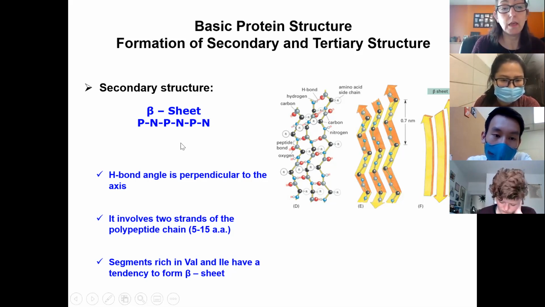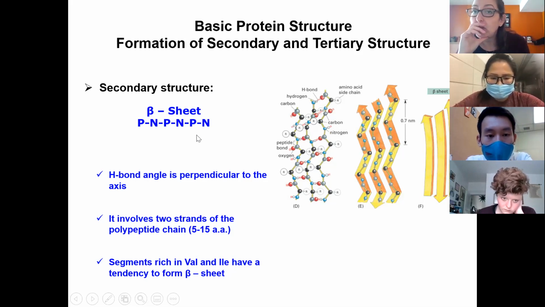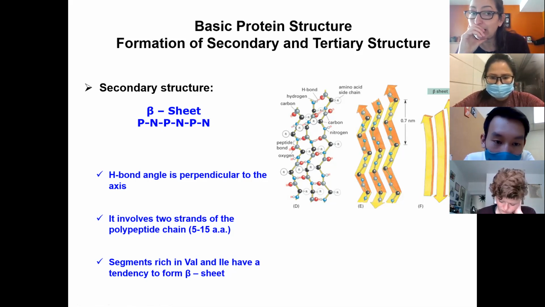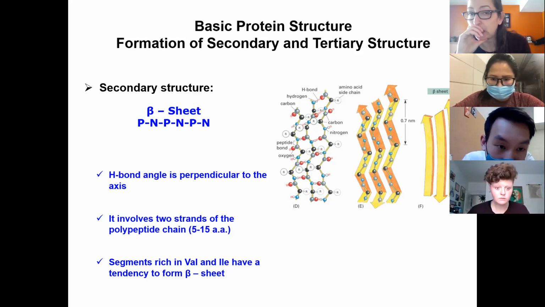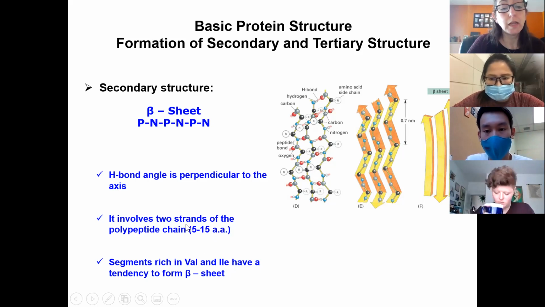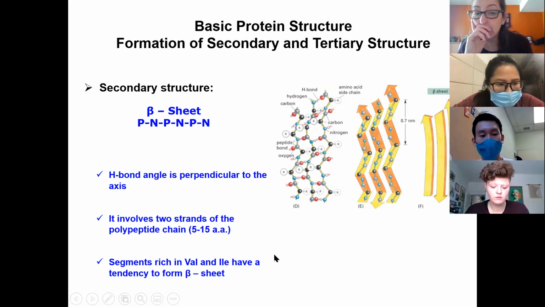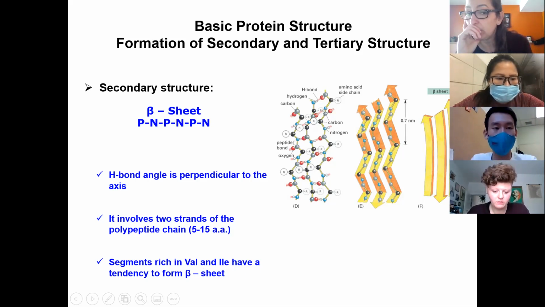Usually, the sequence is alternating polar, nonpolar. When you have a sequence within the protein that has this alternation, then it would most likely form beta sheet. Segments within the proteins, here specifically rich in valine and isoleucine, have a tendency to form beta sheet.